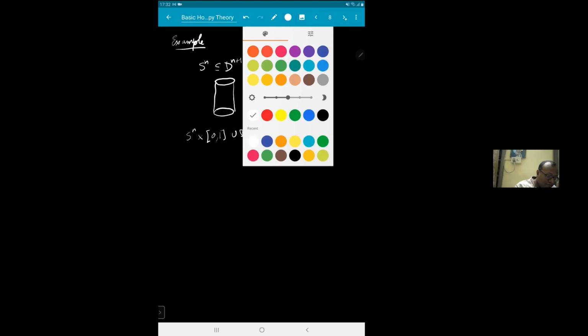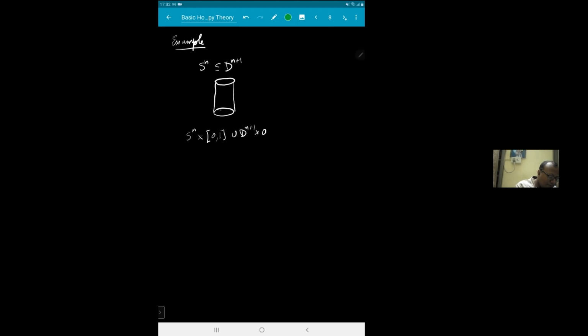Sn inside Dn+1. Then you see that the space, if I write Sn cross [0,1] union Dn+1 cross 0, how will it look? The Sn cross [0,1] will look like a tube, and Dn+1 means I should fill the interior. So let me use some other color like green, and that means I'm filling up the interior.